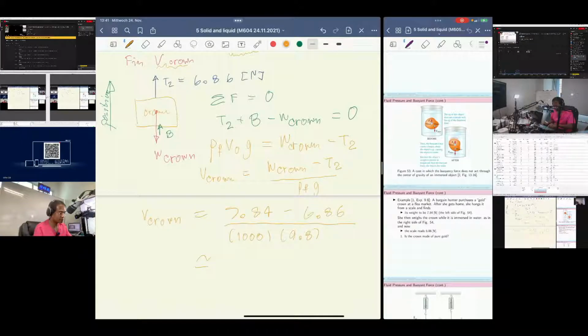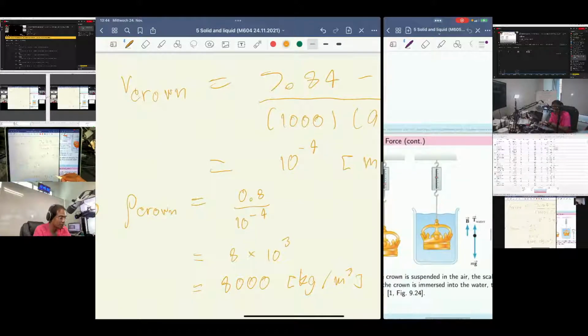This is not the answer, because the question is whether this object is the genuine one or not. Is it made of pure gold or not? And as we have observed from the table, the density of the pure gold is 19.3, which is quite heavier, more dense than what we have got here, which is only 8,000.